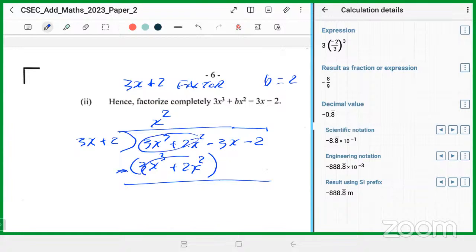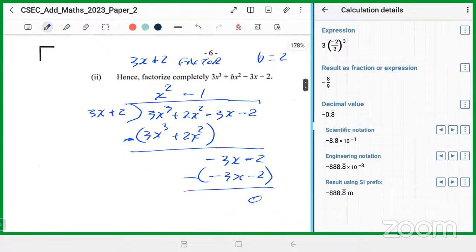I'm left with minus 3x minus 2. This divided by this is negative 1. Negative 1 times these gives me negative 3x minus 2, and subtracting, this is 0.